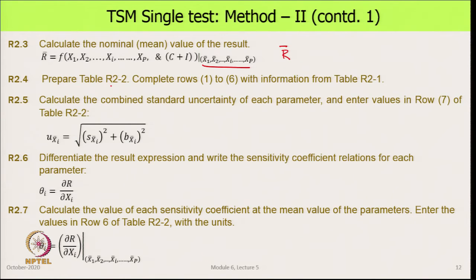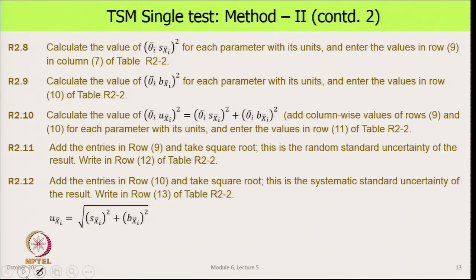Then we go off and make another table R2-2, and let us look at that, and it says complete rows 1 to 6 with information from table R21. So, we are transporting data from the first table to the second table.